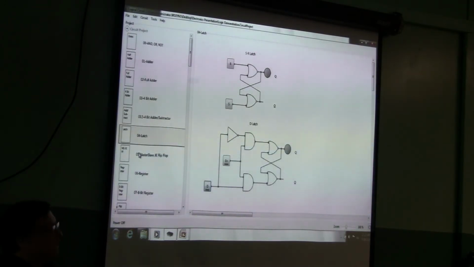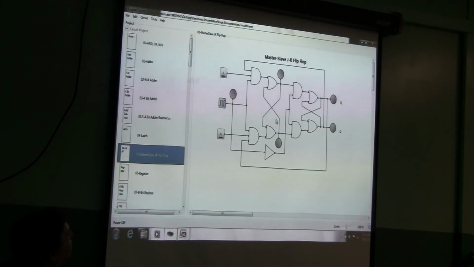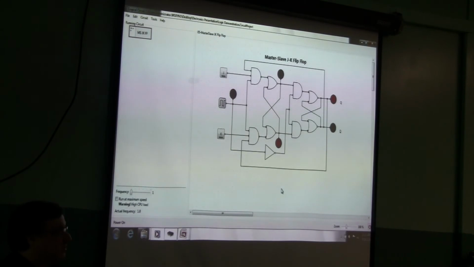Now let's say I want to do a lot more of this. I need to connect this to a clock so that my input's only changing when the clock goes positive. You'll see later how that makes a difference.